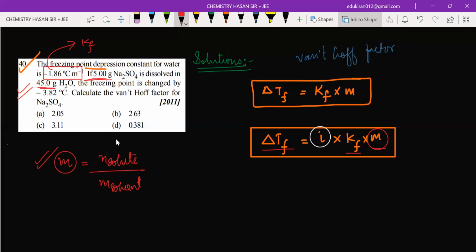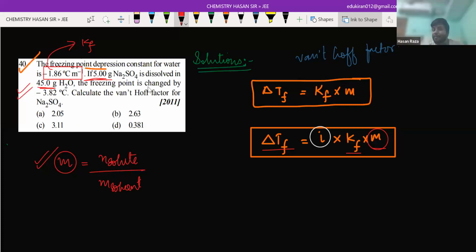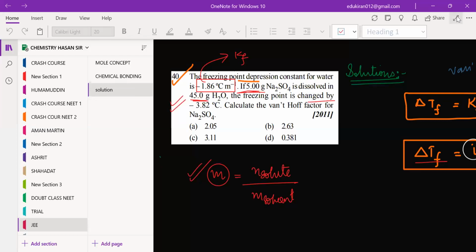Yes, sir. And also you can see the freezing point is changed by, basically, this is the value of delta TF that is given. Just wait a minute. So as you have seen, are you able to see the stream?